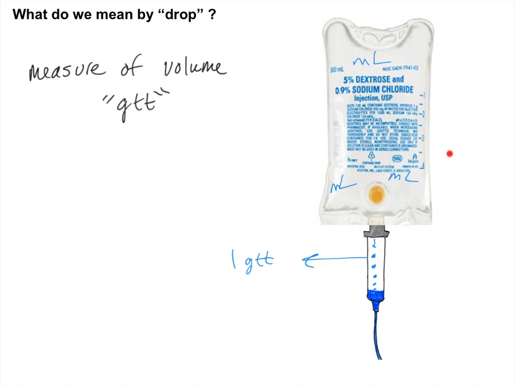So it'll take all of the fluid that is in this bag, and it will break all of these milliliters, all of this fluid, into single drops, which will then infuse into the patient. What we need to think about, remember, is how many total drops are in this bag. So in order to calculate that, we need to know the relationship between a single drop and a single milliliter, and that is going to be determined from the tubing.